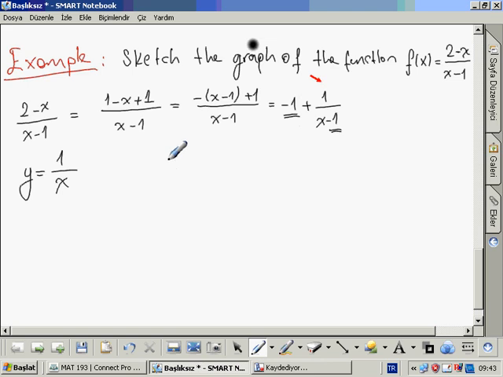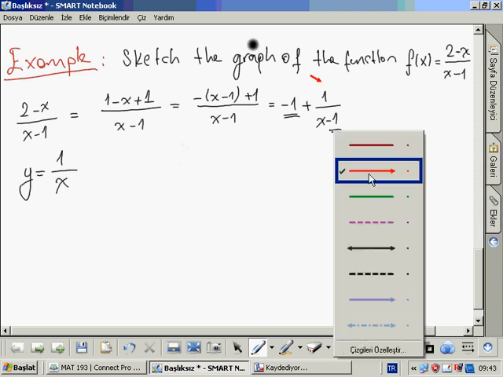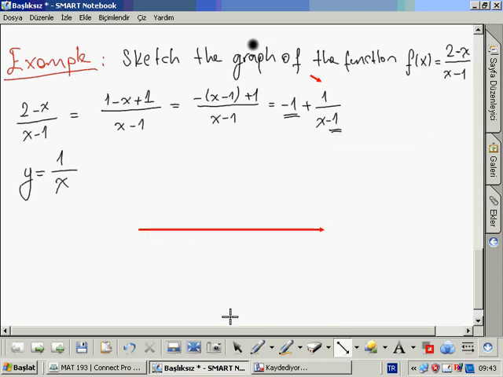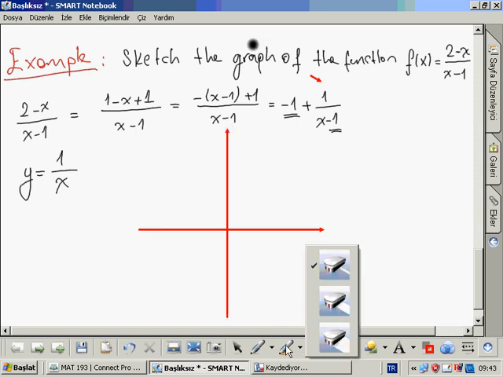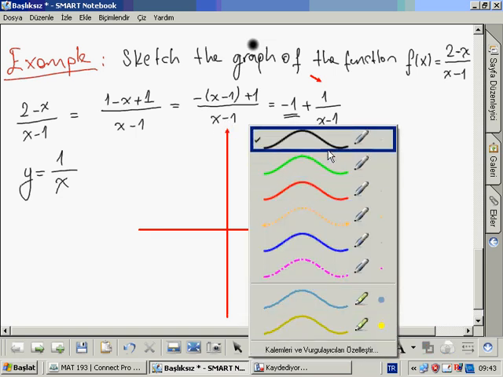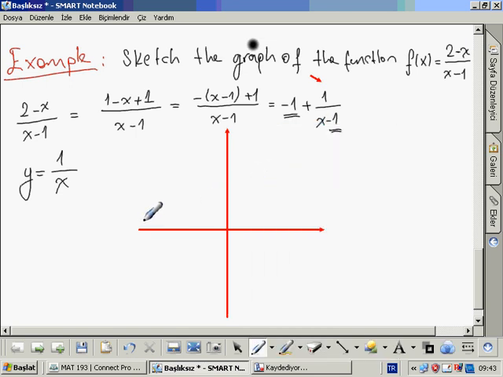So what will we obtain? Let me sketch it on the Cartesian coordinate system, firstly the 1 over x function, like that. Yes, this is y equals 1 over x.